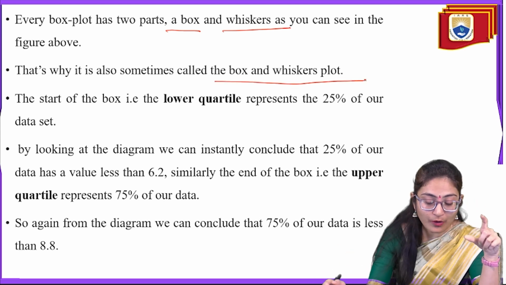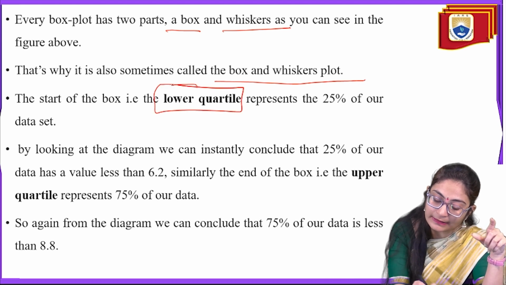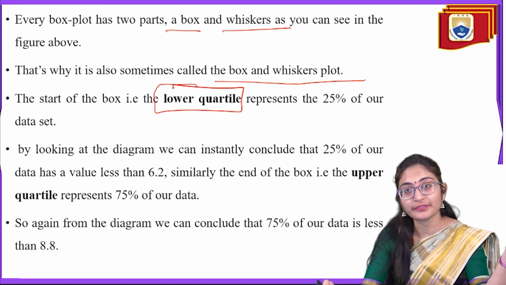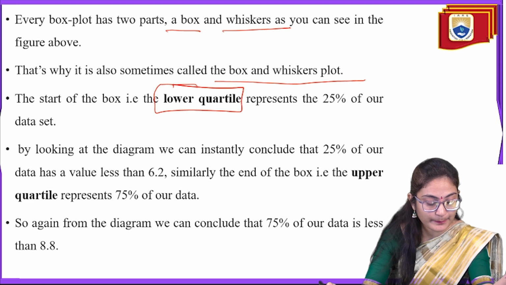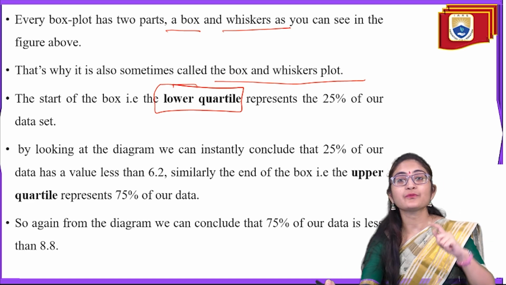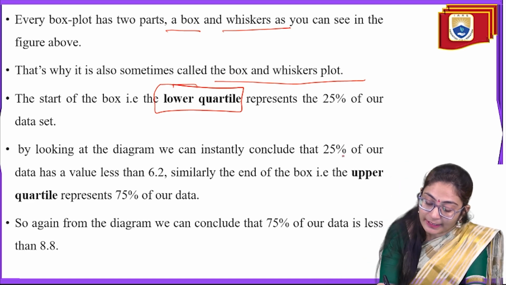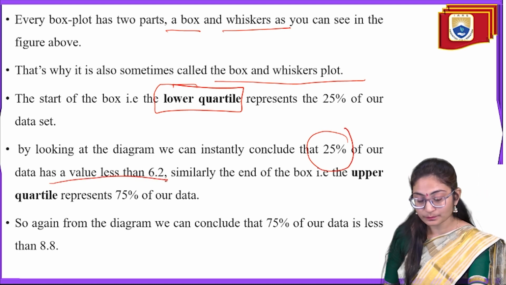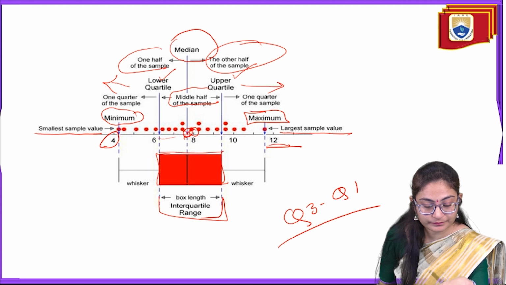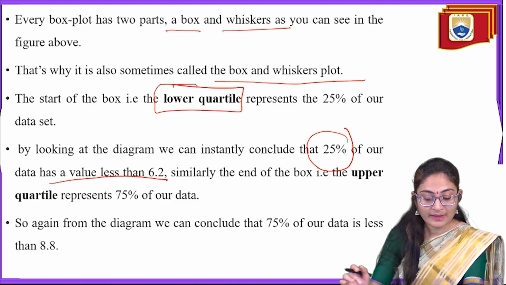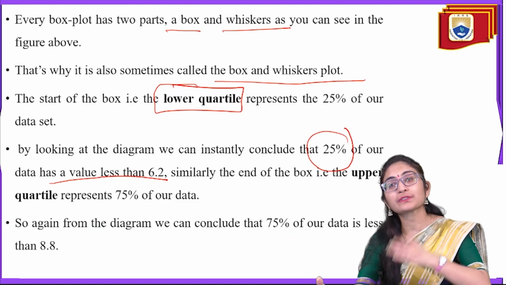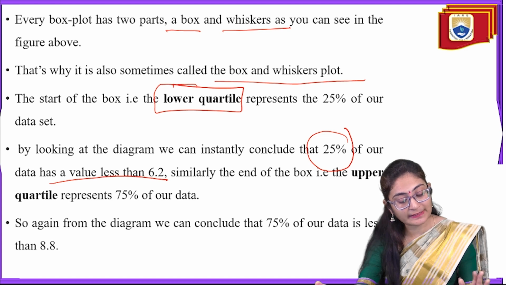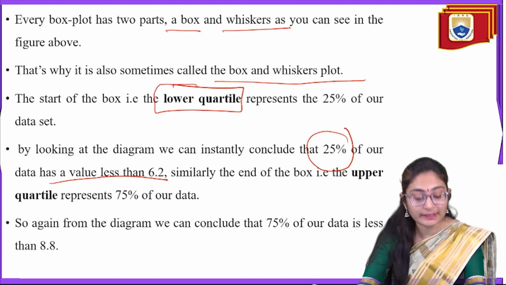The start of the box is called the lower quartile, which represents 25% of our data set. By looking at the diagram, we can instantly conclude that 25% of our data has a value less than 6.2. Similarly, the end of the box, the upper quartile, represents 75% of our data.